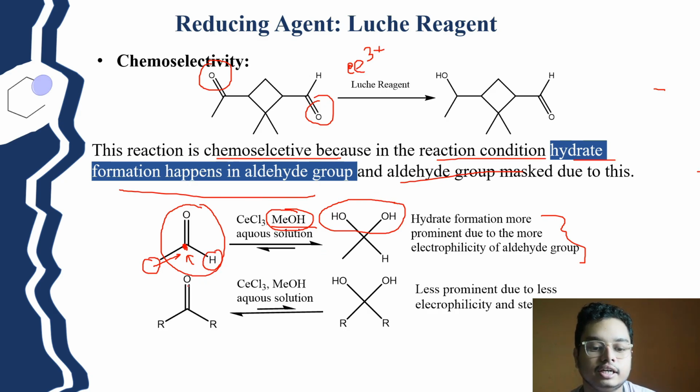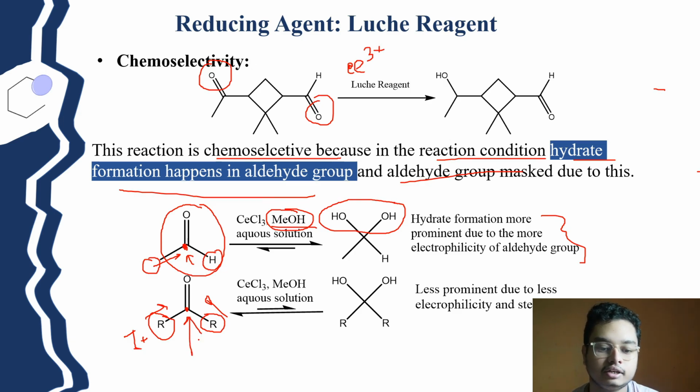But in the case of ketone, if you see here, there is an alkyl group on both sides. Both alkyl groups have their own inductive effect, which stabilizes or reduces the electrophilicity of this center. And to reduce the electrophilicity of the center, the ketone structure is preserved throughout the reaction, and this type of hydrate formation is less favorable here.